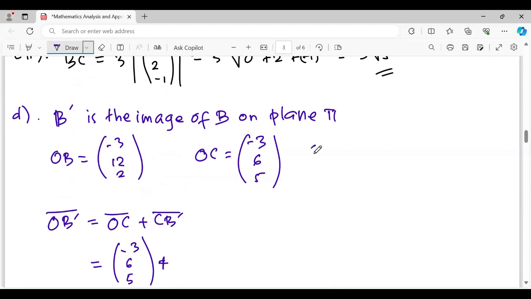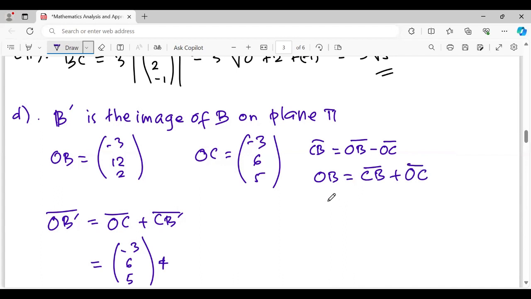We already did that CB equals OB minus OC, so you can check this in our previous question. So OB equals CB plus OC.